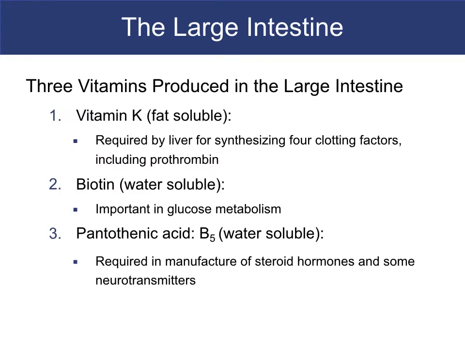Three vitamins that are produced in the large intestine by the bacteria are vitamin K, biotin, which is a water-soluble vitamin, and pantothenic acid. I don't worry much about those. Just know that there are some vitamins that are very important. The one that's really important here is vitamin K, because vitamin K is needed by the liver for your blood to clot.